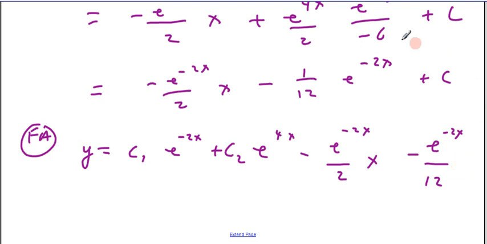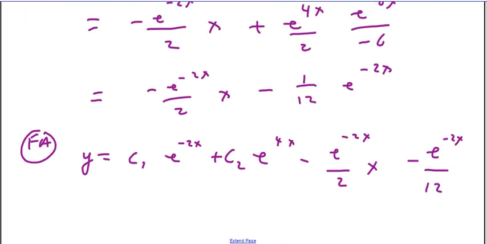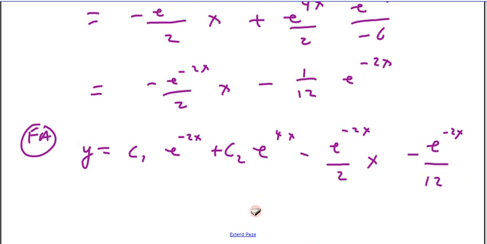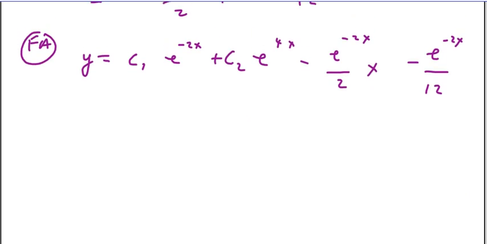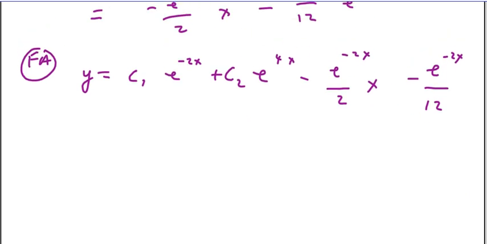We don't use the constant c, do we? No, we don't. Not going to use them. Okay, so that's what we have. We look at that and we say that's not the right answer yet. Now, why can that not be the right answer? Well, there's an e to the minus 2x here, and there's a c1 e to the minus 2x there. Those guys combine.